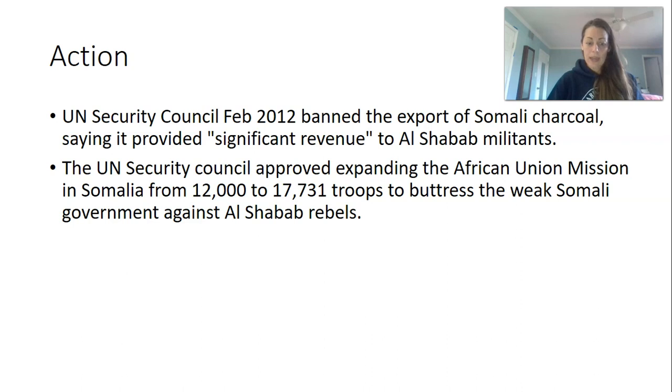The UN Security Council also approved expanding the African Union mission in Somalia from 12,000 to almost 18,000 troops, with the idea to buttress the weak Somali government against Al-Shabaab rebels. And the African Union mission is a peacekeeping mission operated by the African Union with the approval of the United Nations Security Council.